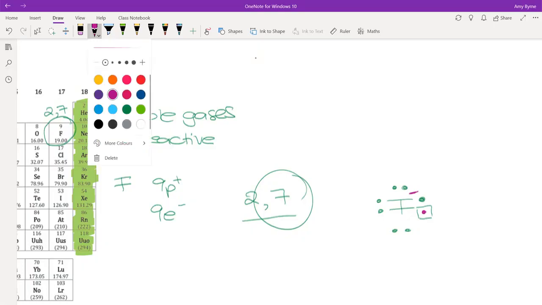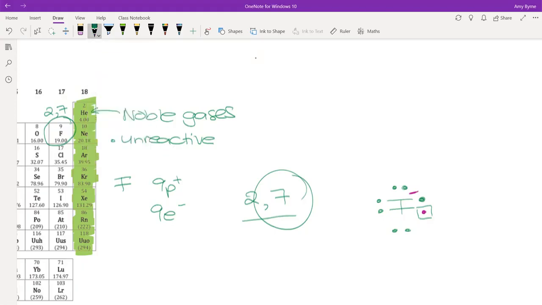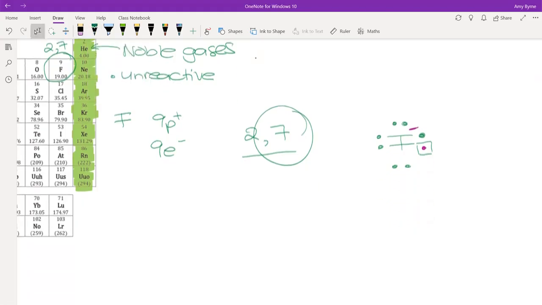Let's now look at chlorine, who's fluorine's older brother. So chlorine is just below fluorine. So chlorine has 17 protons, that's its atomic number, and 17 electrons. So 2 electrons go in the first shell, which means I've got 15 left over. Then 8 go in the next shell.